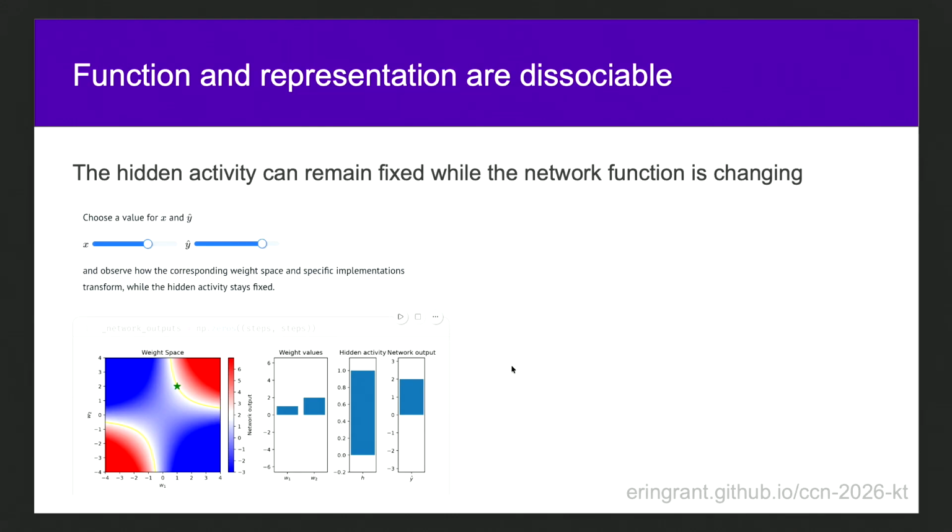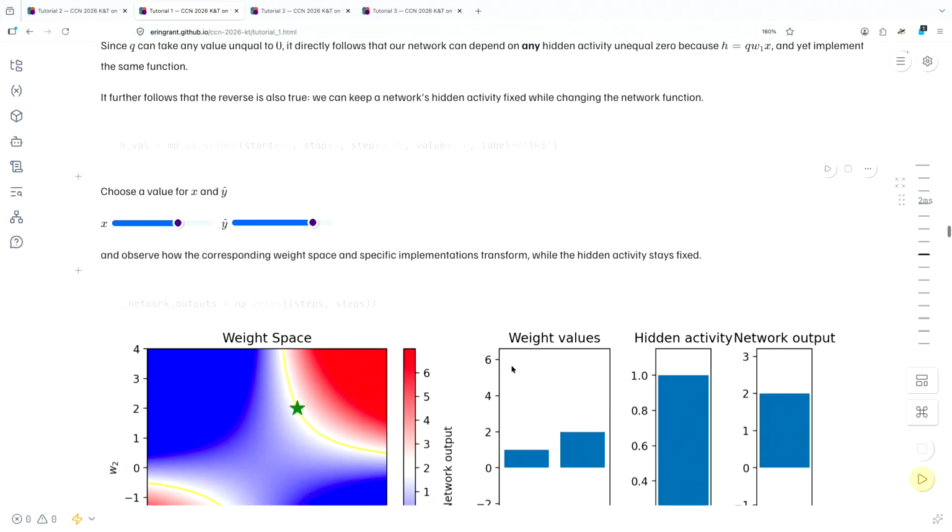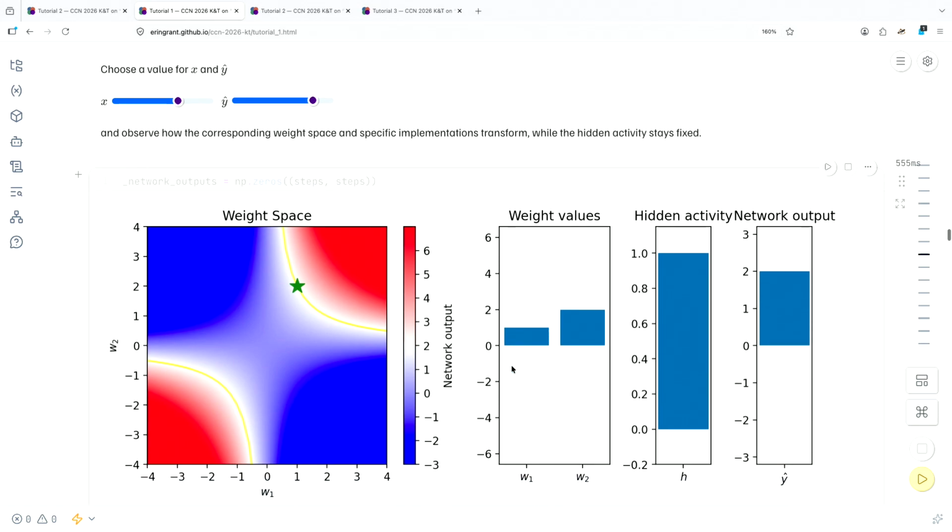Interestingly, the reverse is also true. We can keep the hidden representation exactly fixed, but change the function, because we can do most of the work in our readout weights. That means that if you scroll further down, we have a setting where we can again change the input and network output.